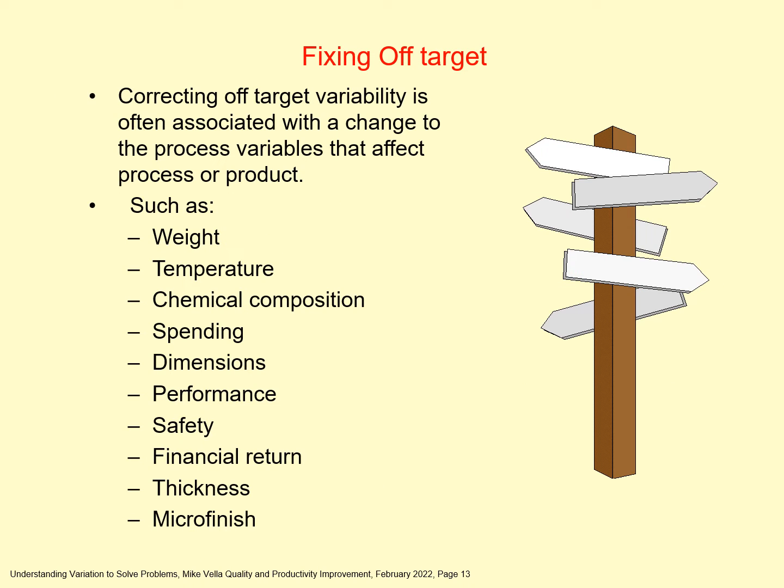So fixing off-target variability is often associated with a change in the process variables that affect the process outputs, such as weight and temperature, chemical composition, spending, like we just talked about, dimensions, performance, safety, and all the rest. We want to shift the process in some way to make things better.